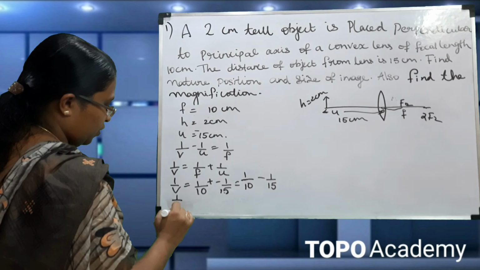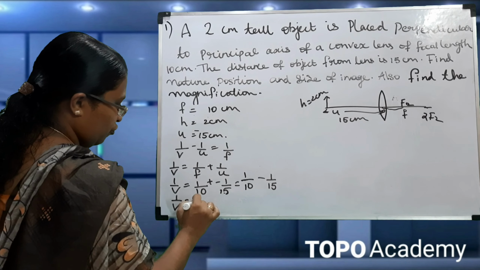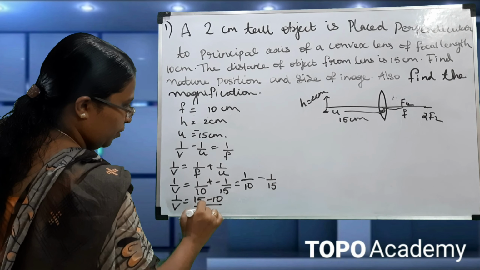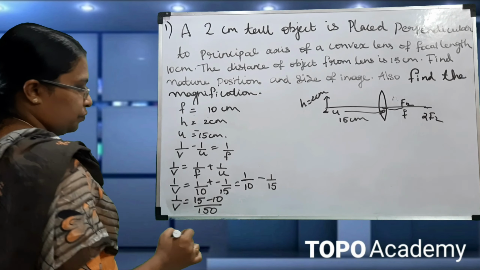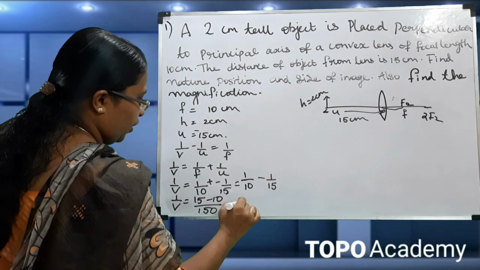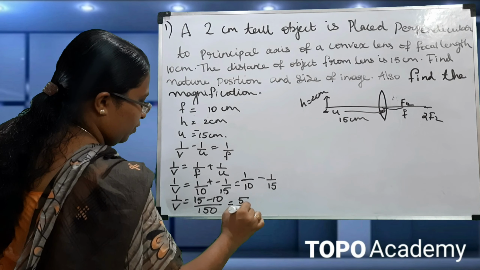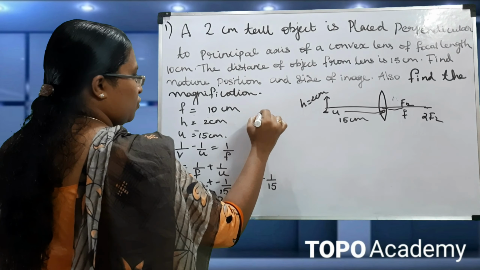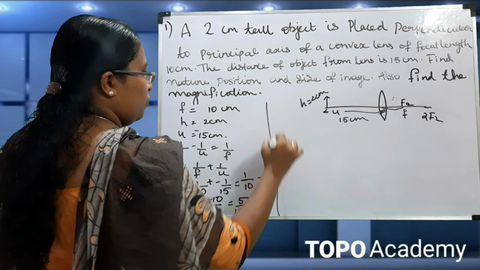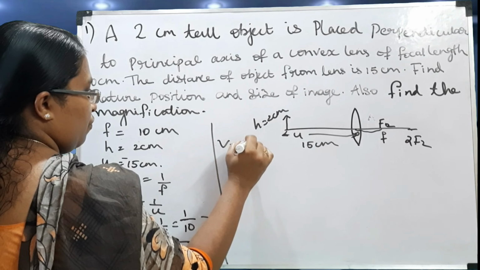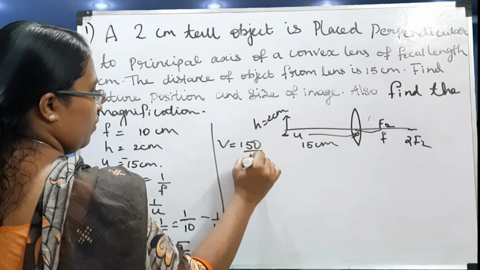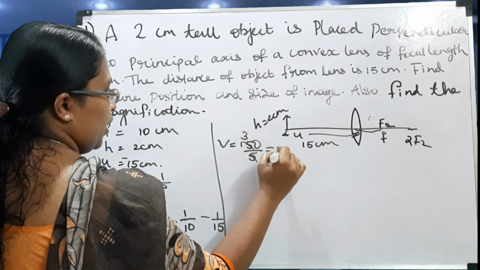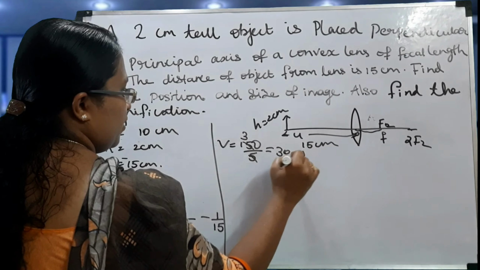So 1 by v is equal to (15 minus 10) divided by 150, which is 5 by 150. We can take the reciprocal of this. So v is equal to 150 divided by 5, which is 30 cm.